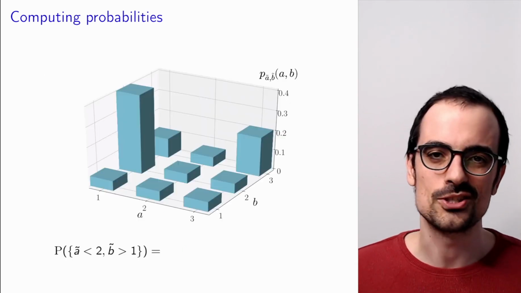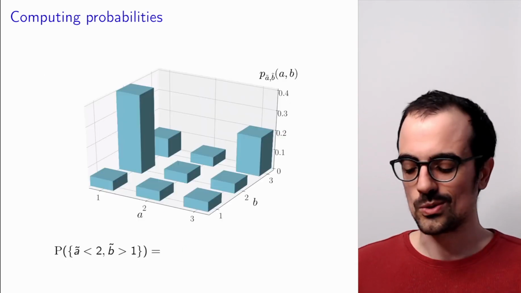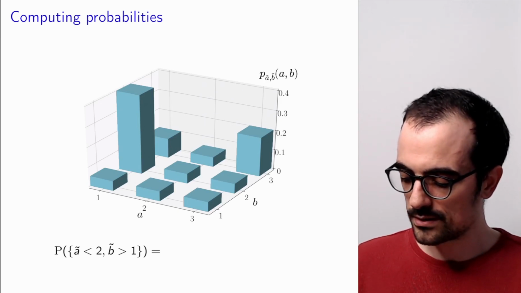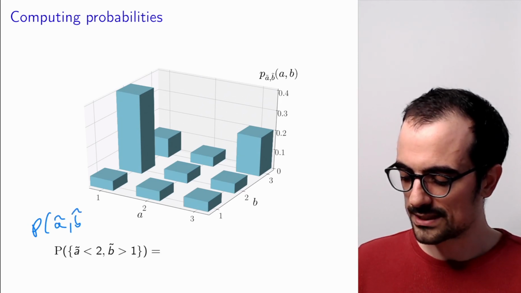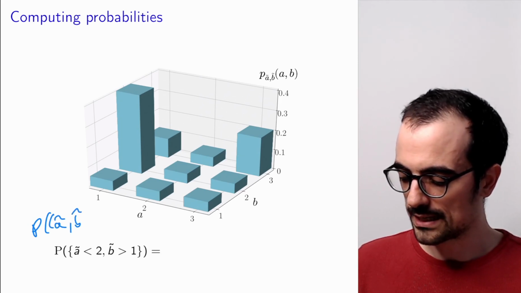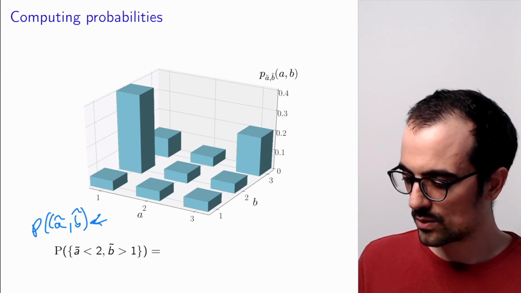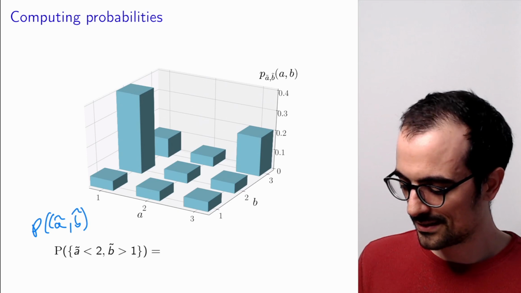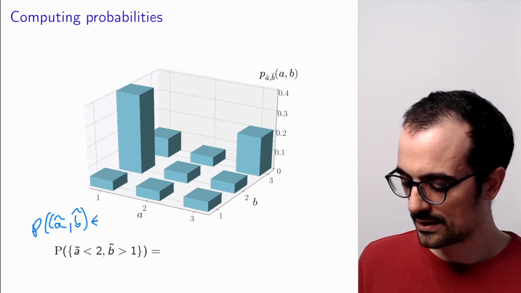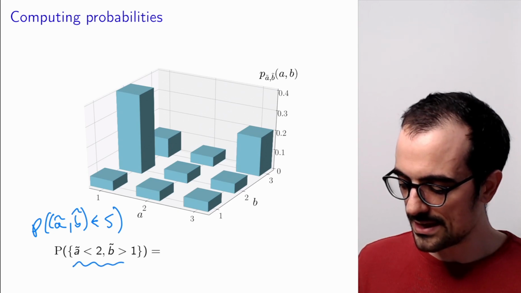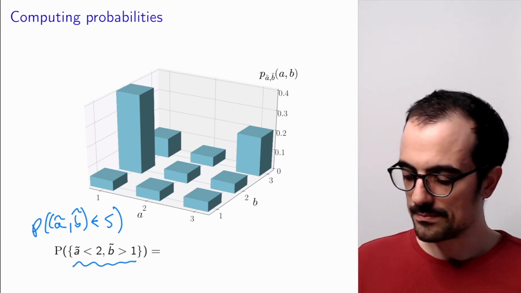Again, this is just easier to look at in terms of an actual example. Here we want the probability that A and B, to put it in the same notation as we had a moment ago, is in a certain set S. Here S is the set where A is smaller than 2 and B is greater than 1.